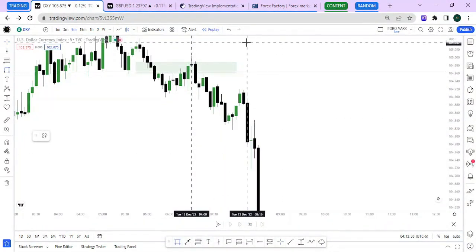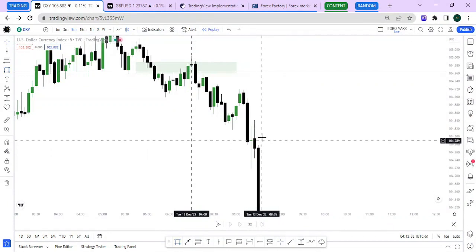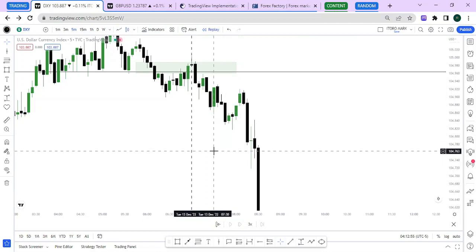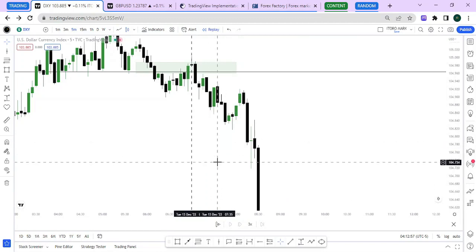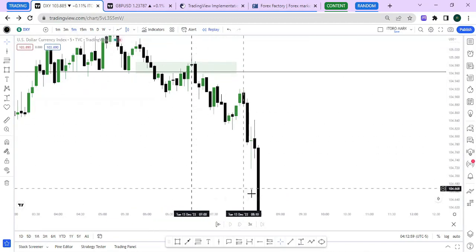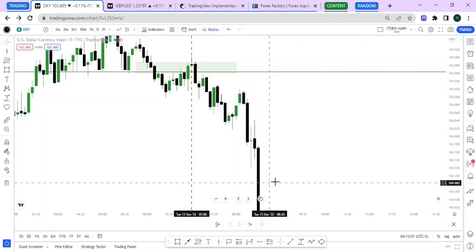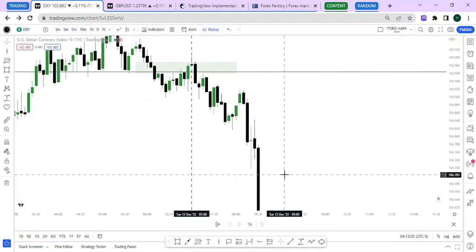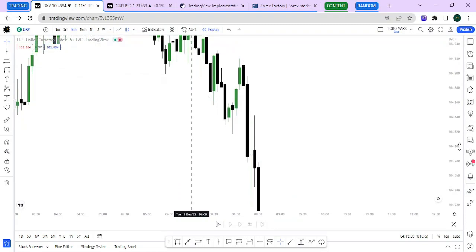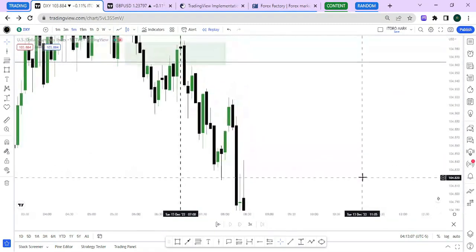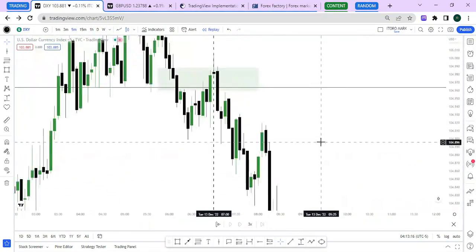Let's mark out the news time, 8:15. This candle here, let's check it out. Are you seeing any fair value gap? On this time frame, you can see that a whole lot of continuation pattern fair value gaps appeared in price right before then.